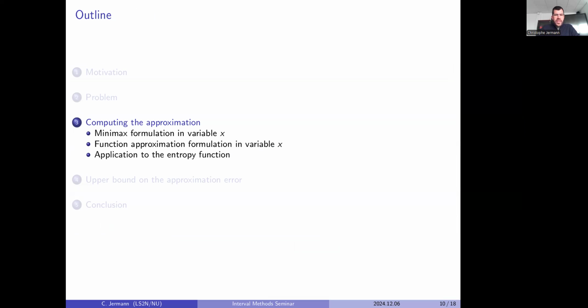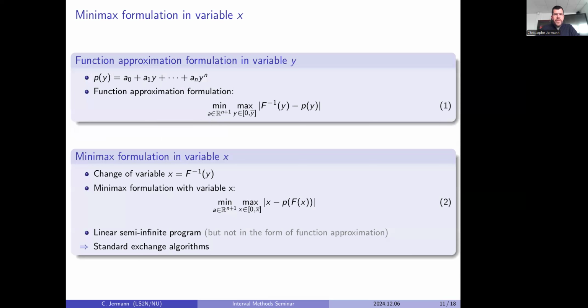So how do we compute this approximation? If we consider the approximation problem itself, then we want to compute this polynomial p, that is to obtain the coefficients a within this expression. Choosing the degree is out of the scope of our research.